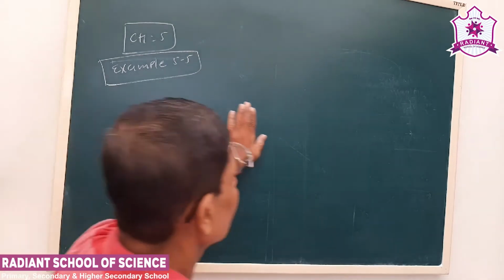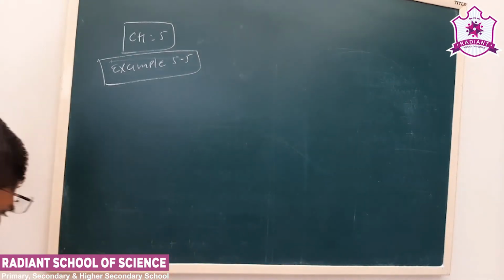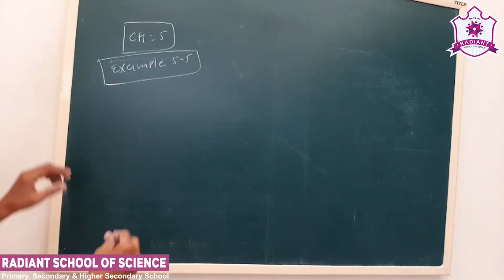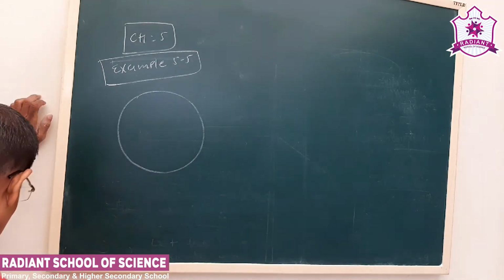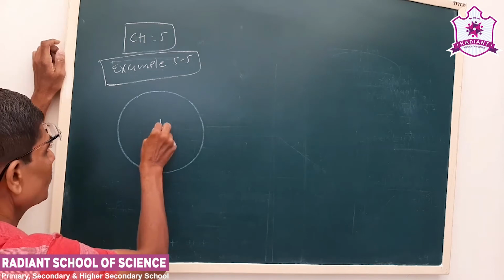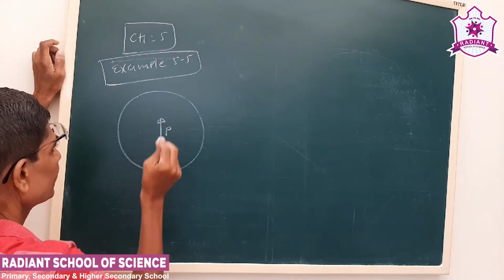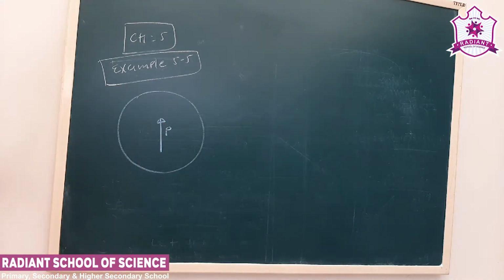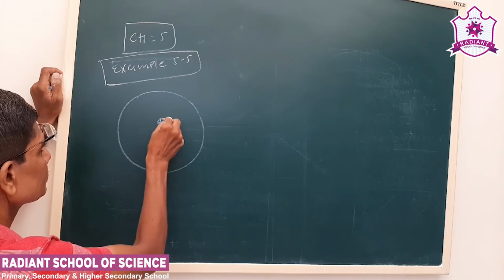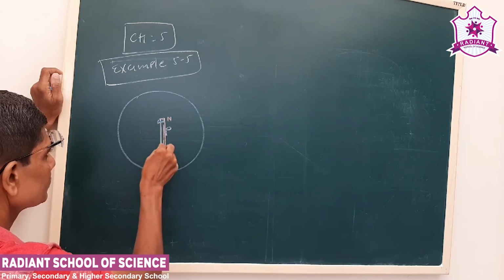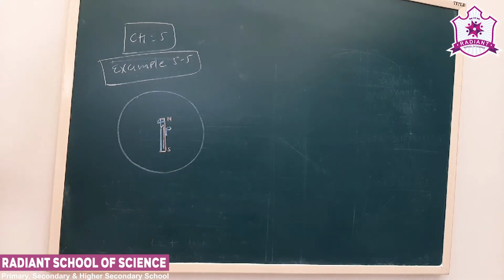Now see the condition. Consider a small bar magnet P. This is the direction of the magnetic field. This produces a magnetic field.